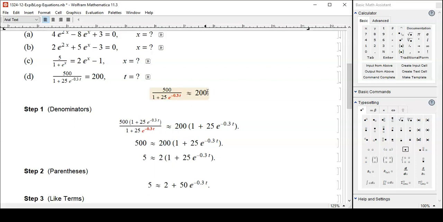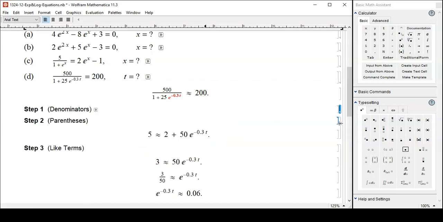Here's a logistic model problem. The stabilizing population over 1 plus some coefficient times exponential of negative something t, that's the situation. Step 1, remove the denominators by multiplying this denominator to both left-hand side and right-hand side. And then break up the parentheses. In this particular case, I did some simplification beforehand.